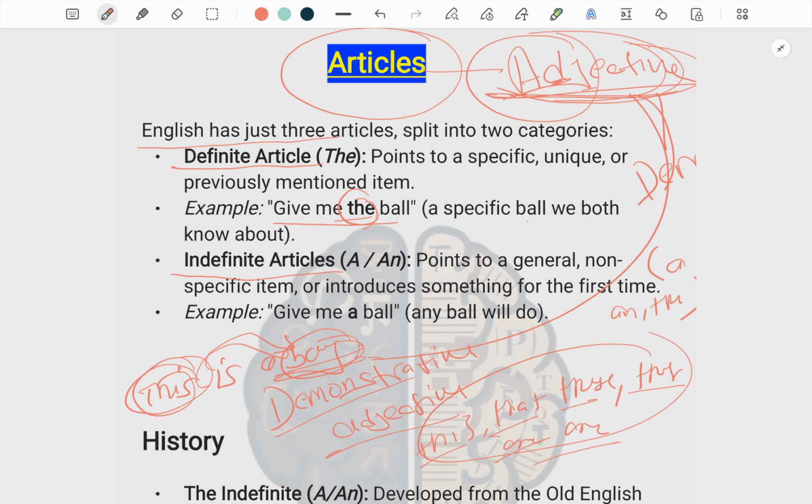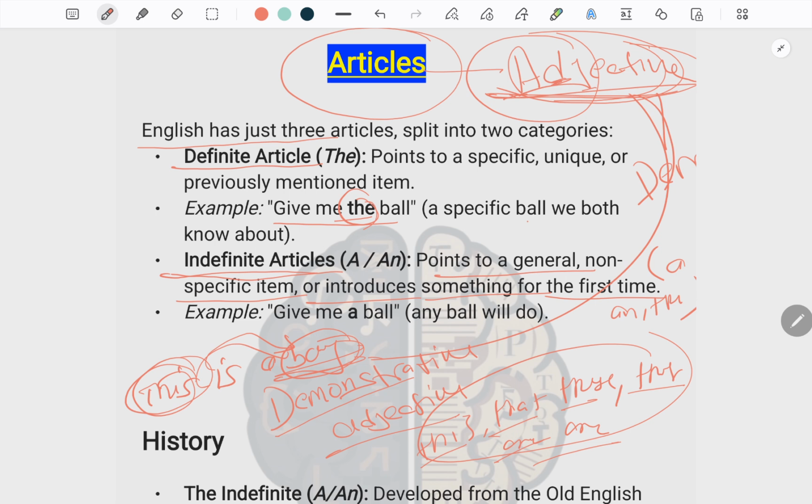Okay, the next one is the indefinite article. When we talk about the indefinite article, by the name indefinite, it means uncertain or unfixed. What is uncertain or unfixed? There will be uncertainty of things or any objects or any of the articles. The indefinite article points to a general non-specific item or introduces something for the first time.